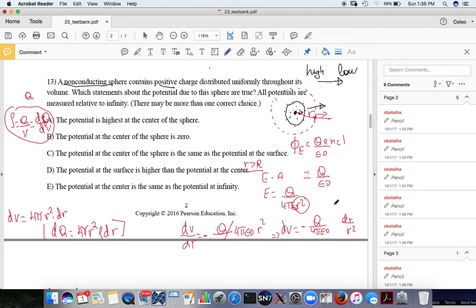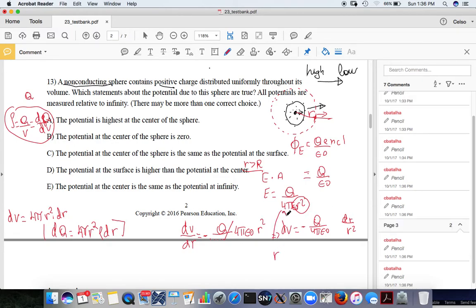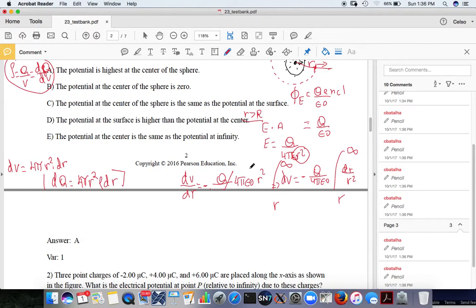Let's integrate this from r to infinity, for r bigger than capital R, the radius of the sphere.